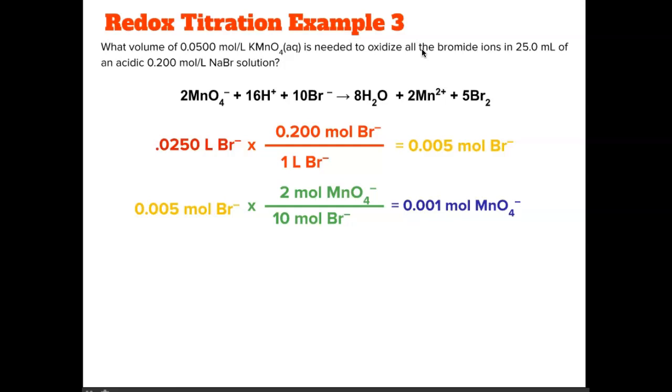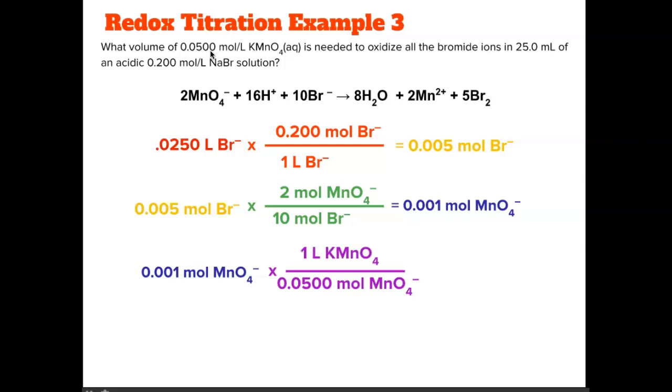The last thing that I need to do is figure out volume. I know I have this many moles, and I know that my concentration of permanganate was 0.05, so I'm going to take my number of moles and multiply it by the fact that there are 0.0500 moles of permanganate per every liter of potassium permanganate, which tells me that the volume of potassium permanganate I need is 0.02 liters.